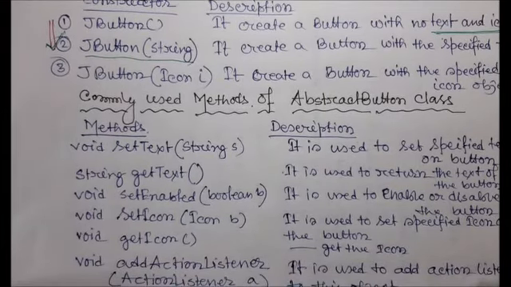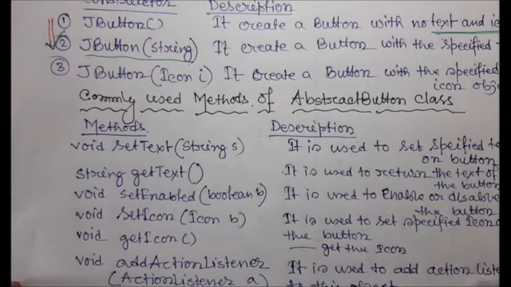And the last method, which is very important, because most of the time we are going to use some action listener. Suppose I want to click on that button, so what event will be generated? We have seen so many listener classes, but here I will discuss just one: the action listener associated with the JButton.